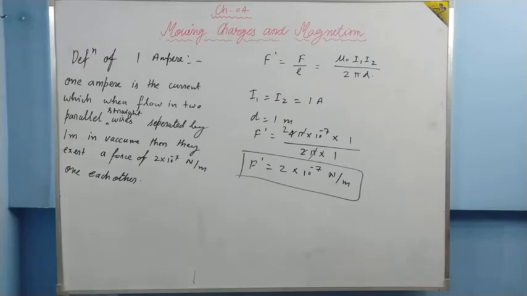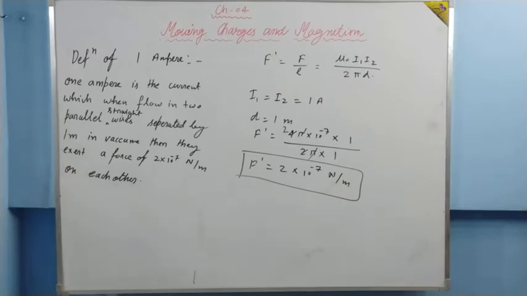So basically this is the definition of 1 ampere, and it has been asked in the board examination several times. So you must remember this definition in order to prepare the chapter for the board examination, right? Now let us move ahead and solve a question which is very popular.